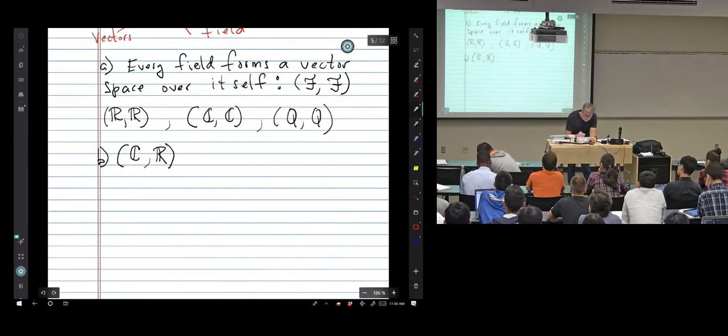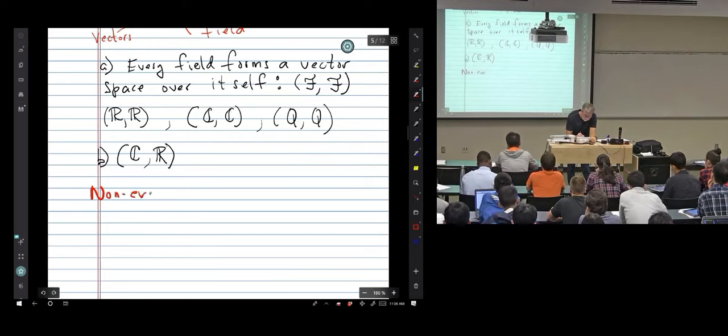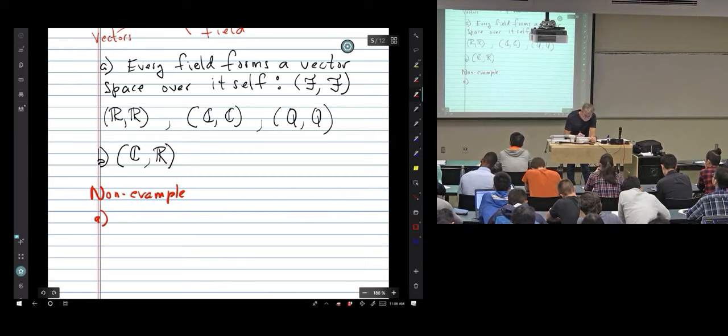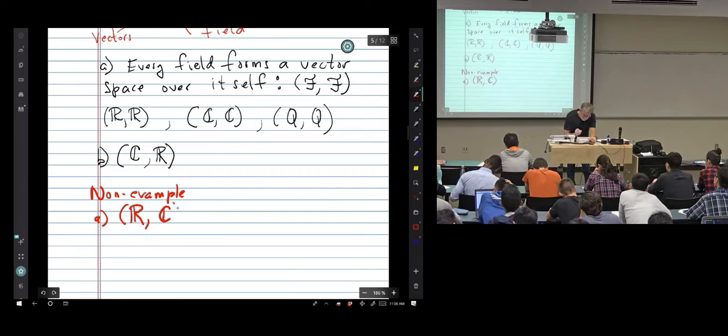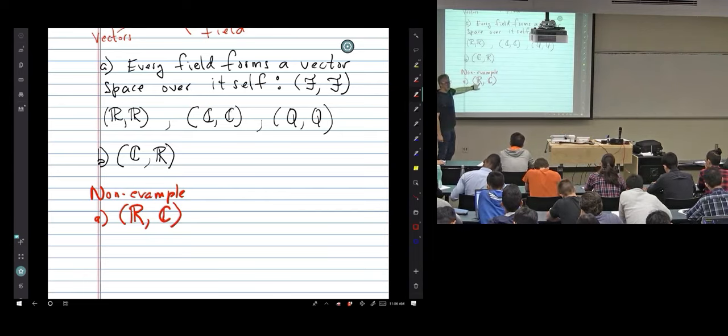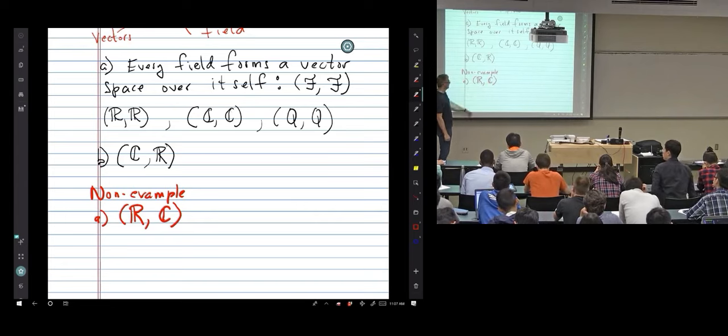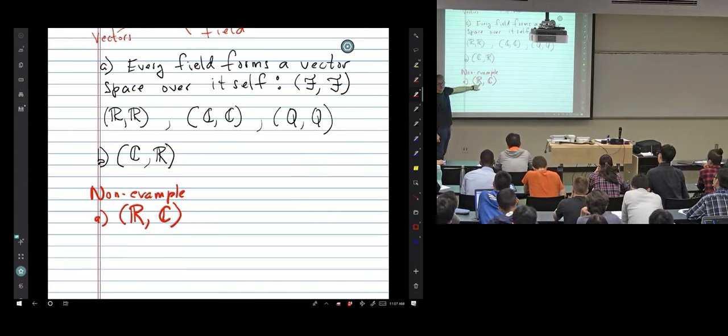Let's do quickly a non-example, then we'll do some more. I take my vectors to be the real numbers, and I take my scalars to be the complex numbers. Do I know how to do vector addition?